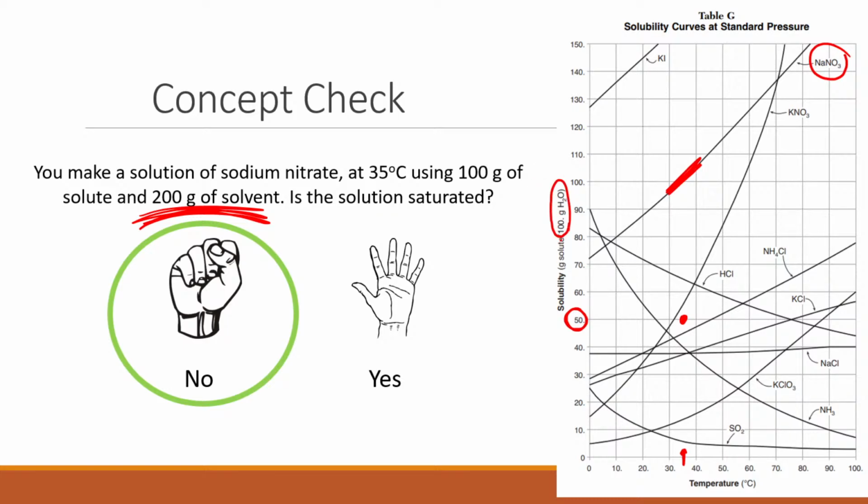So like I said before, if we double the water, all of these numbers get doubled as well. So this point is actually 200 grams. This point is actually 100 grams. This point is actually 40, 60, 80, because we have 200 grams of water.